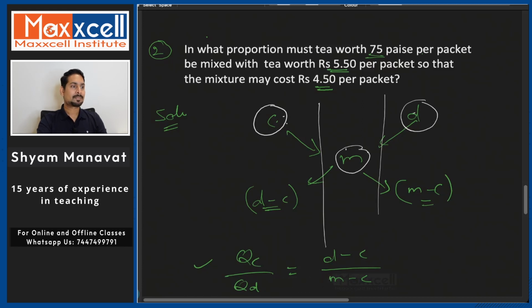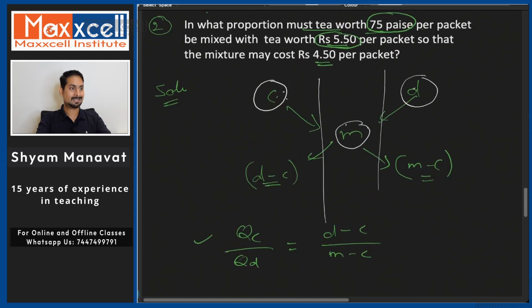See, the cheaper tea here is costing you 75 paisa, so 75 is in paisa, whereas the other packet which is costlier, the superior, the dearer, that is in rupees. So the first value is in paisa and the second one is in rupees. That's a very standard way of solving maths, right? You need to have units in the same form.